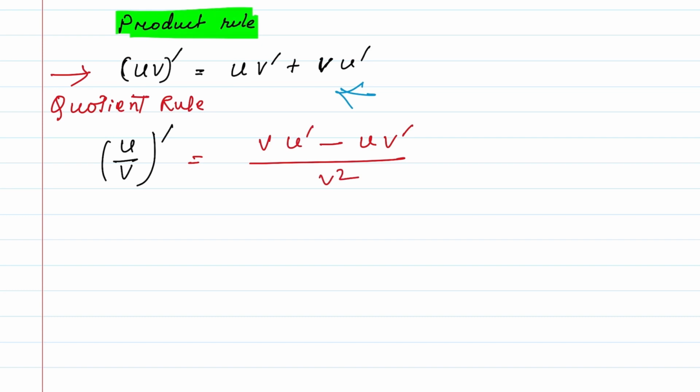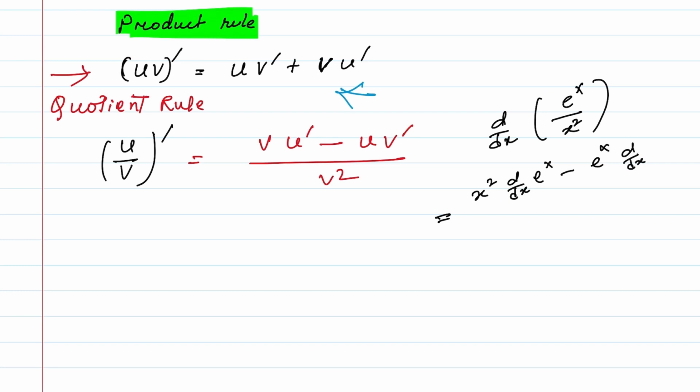Suppose we need to find the derivative of e to the power x by x square. Then how do we find it? According to this rule, the denominator, that is x square, times the derivative of the numerator, here d/dx of e to the power x, minus the numerator times the derivative of the denominator, d/dx of x square, then denominator square, that is x square whole square.